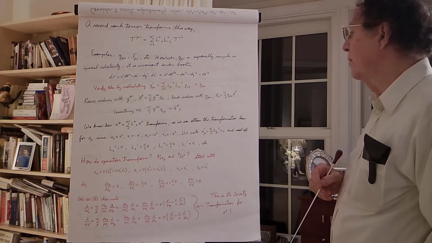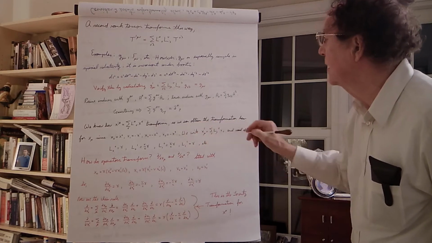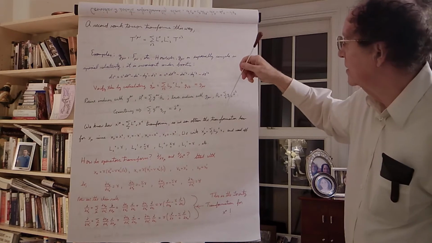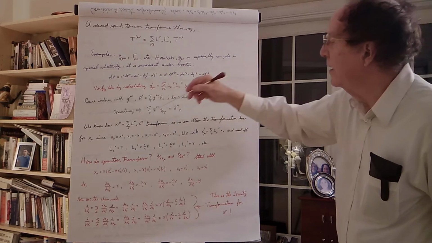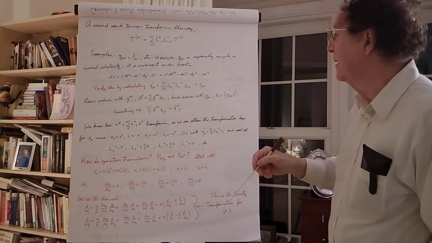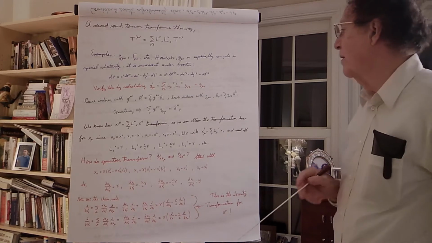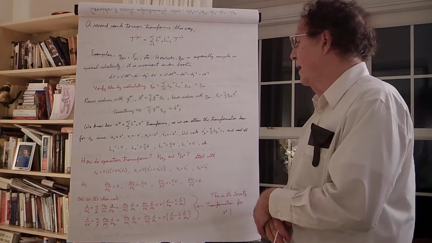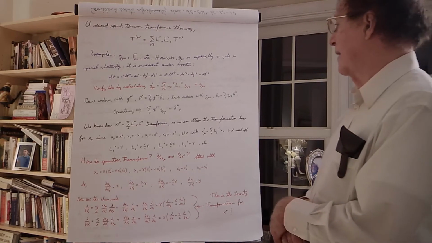So just working that out and watching these signs here, we'll see that the Lorentz matrix with the indices arranged in this way just has a couple of sign switches compared to the Lorentz transformation in the case of the contravariant 4 vector.